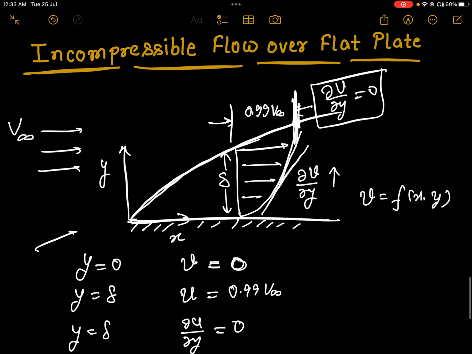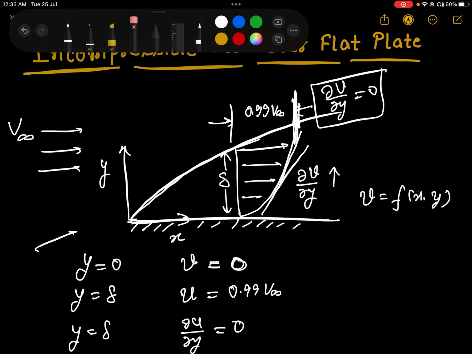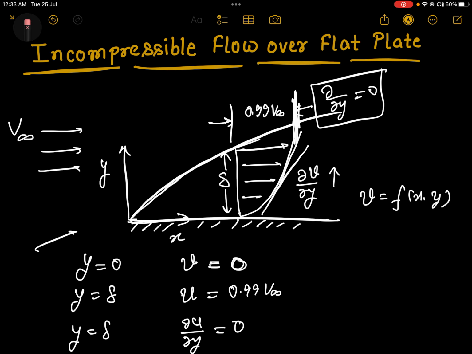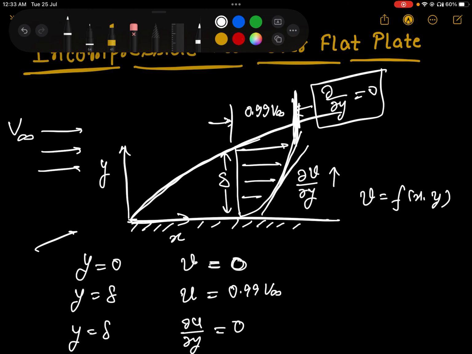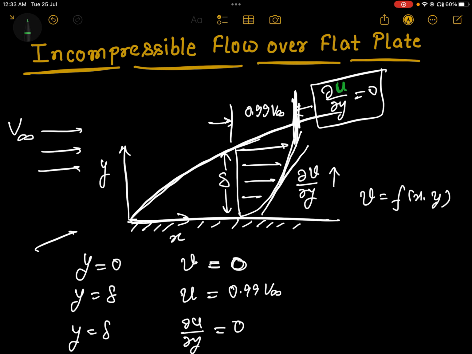I'm sorry, I have shown u here. This is u, the horizontal component of the velocity. At location delta, it is the gradient of the horizontal component, del u upon del y, that is equal to 0.